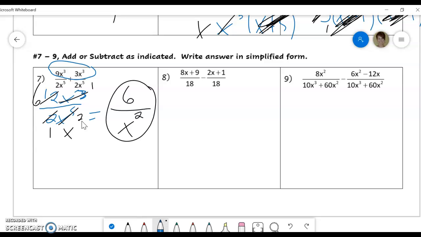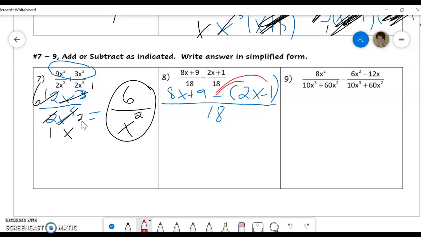Number 8, we are going to really focus on subtracting this binomial. So you're going to subtract 2x minus 1. I really want to stress, like they did in the video, how important it is to not mess up this subtraction. So that means we are going to have 8x plus 9 minus 2x minus 1 all over 18.